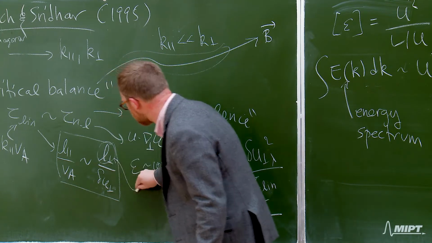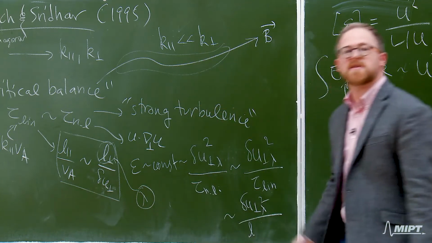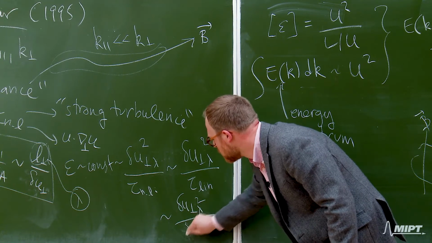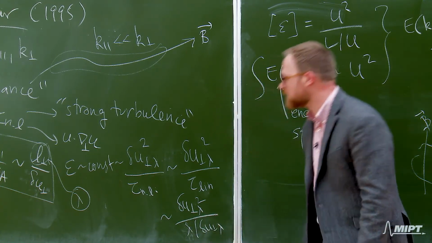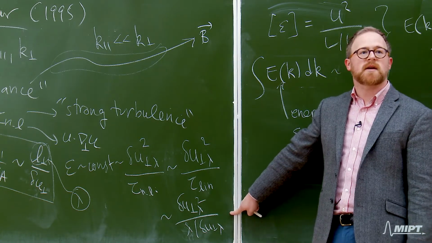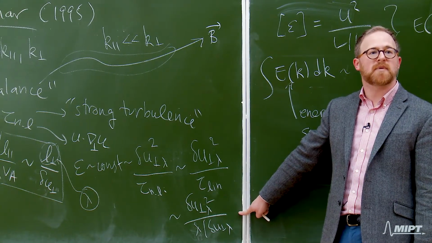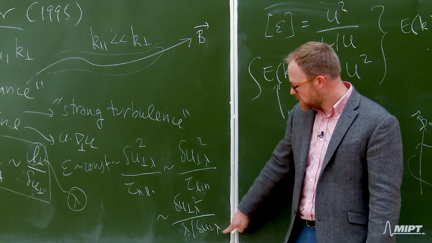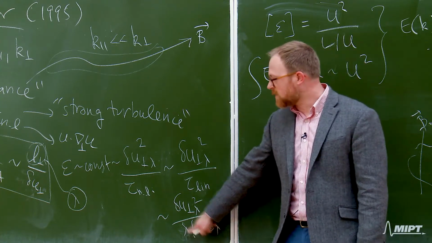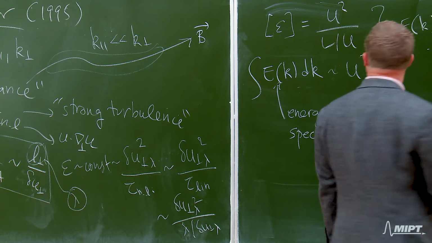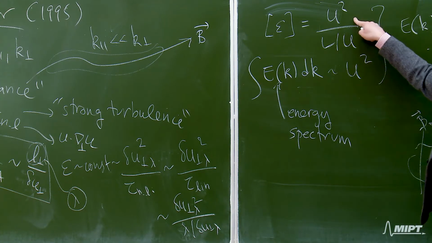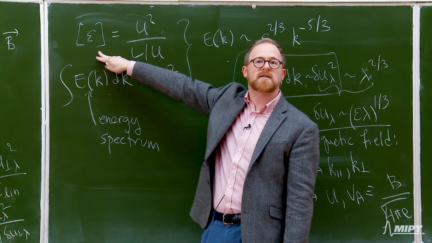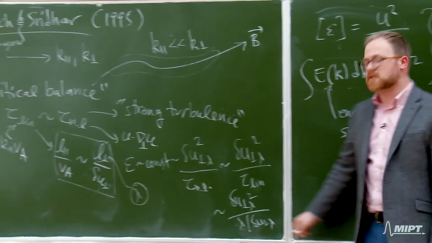You know, I've been kind of screwing with notation. L perp is denoted by this lambda. So lambda divided by delta u perp on that scale. And what you can see from this is you actually get the Kolmogorov scaling, but not isotropically. It's only in one direction, because I have delta u cubed divided by scale is constant. And over here, I had u cubed divided by scale is constant. And so you get the same exact spectrum, except it's only in the perpendicular direction.